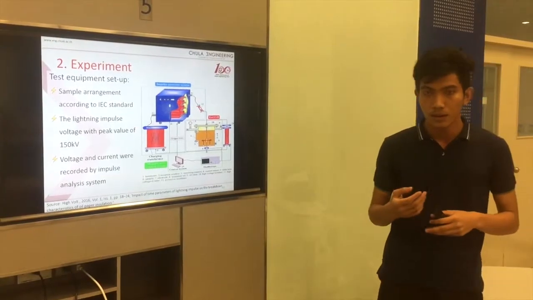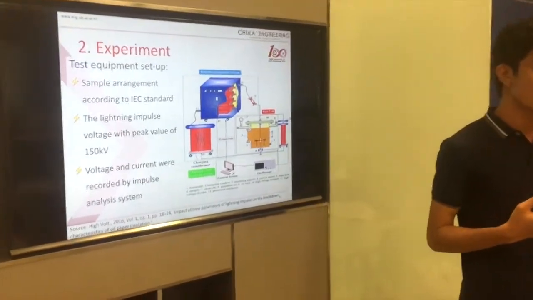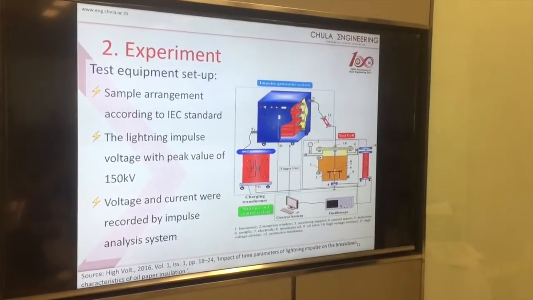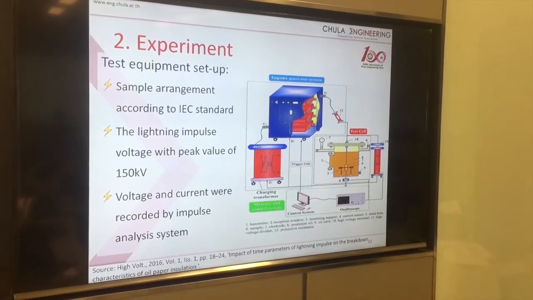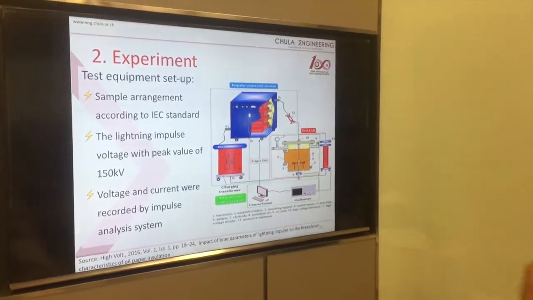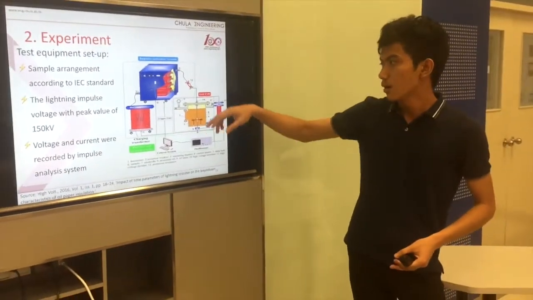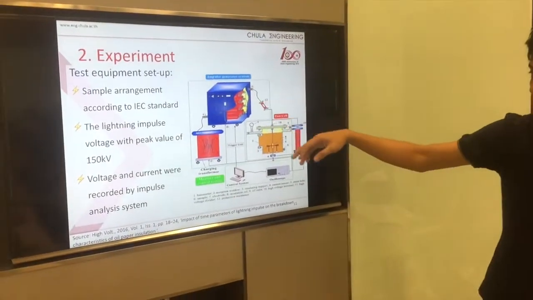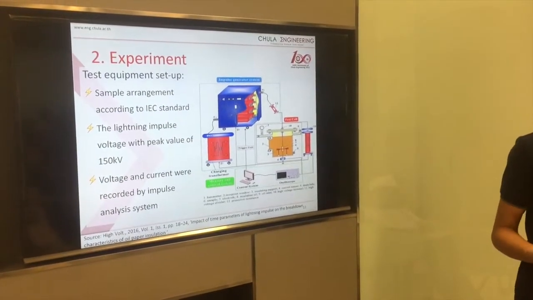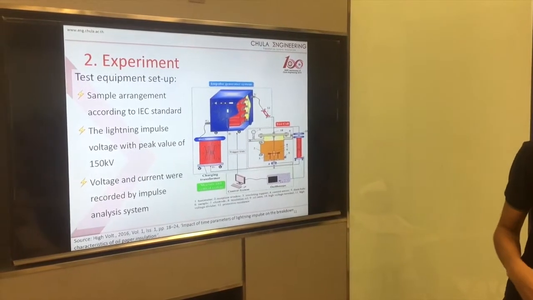For the experiment, the main objective is to evaluate the breakdown voltage of the insulation. The setup is composed of three parts. The first part is the generator system to generate the lightning waveform that we get from the lightning data.